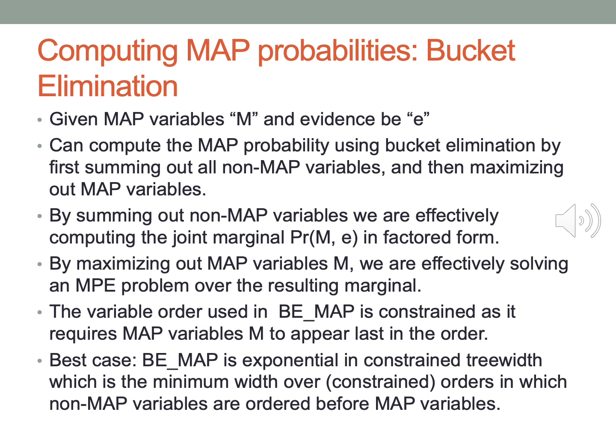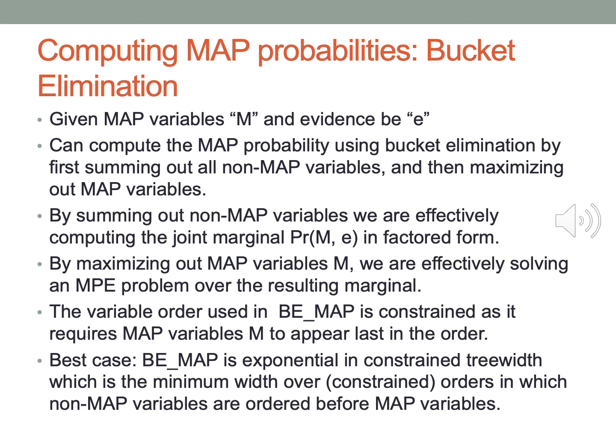However, in the MAP inference task, we sum out first, and so we have to ensure that all the non-MAP variables are ordered before the MAP variables. If they are not, then since sum out and max out operations do not distribute over products simultaneously, our algorithm will be incorrect. So that's the constraint we have. The constraint is that we have to ensure that all non-MAP variables are ordered before the MAP variables.